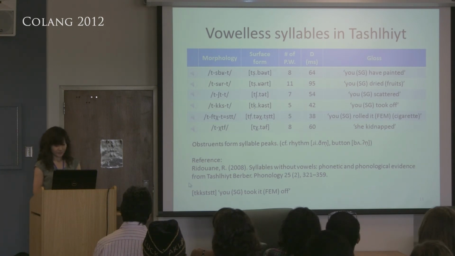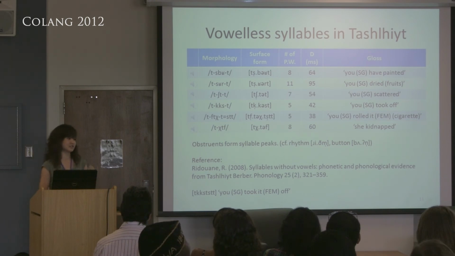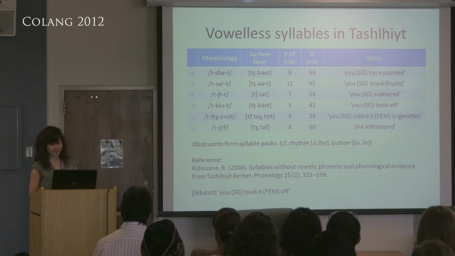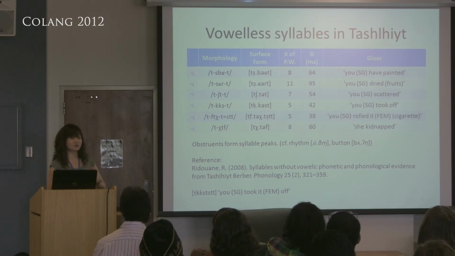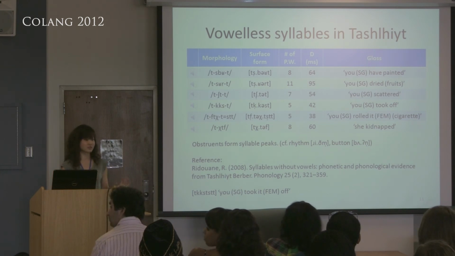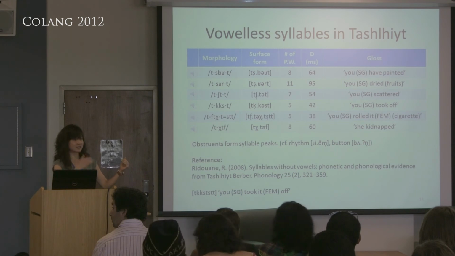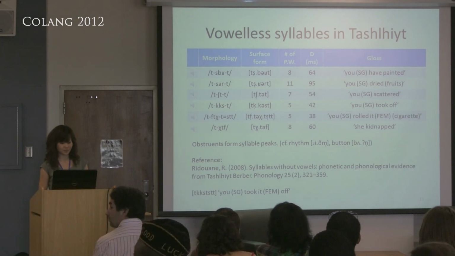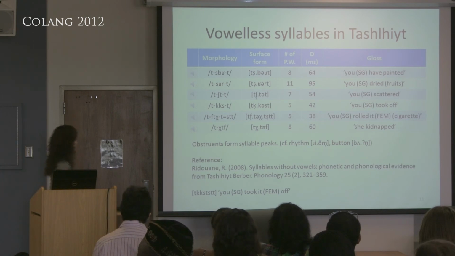So this paper by Ridouane, 2008, is the paper that people frequently refer to when they study intrusive vowels, epenthetic vowels. And his claim is that even at the phonetic level, there is no vocalic element, none whatsoever, even in the words that consist of only consonants.